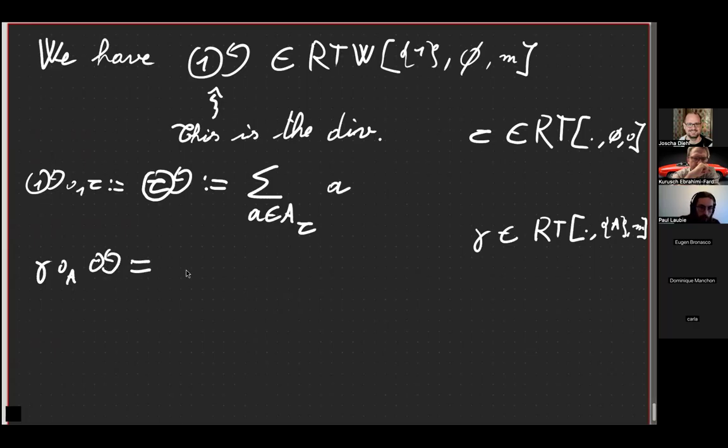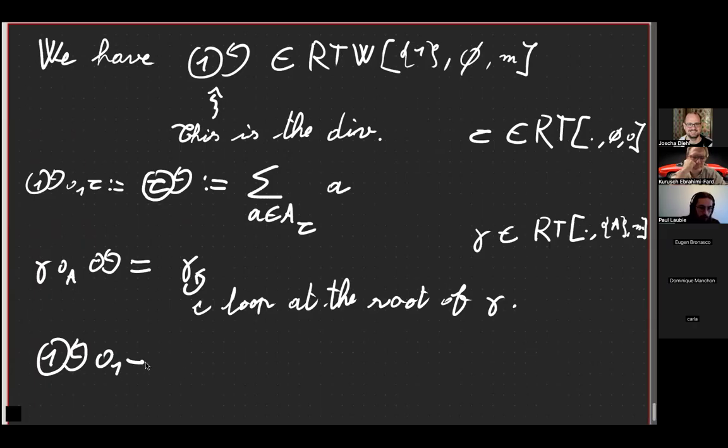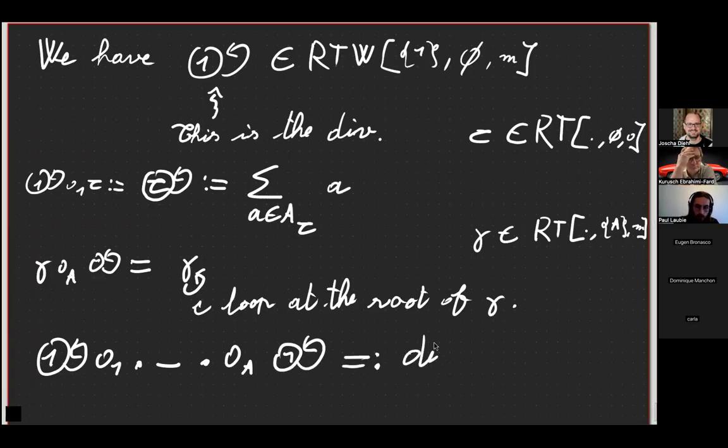And this will give me gamma and a loop at the root of gamma. So here it is a loop at the root of gamma. Now, if I want, okay, I can compute the operation this composing something minus the something, and I compose in the root this. And this, I will say that this is div0.